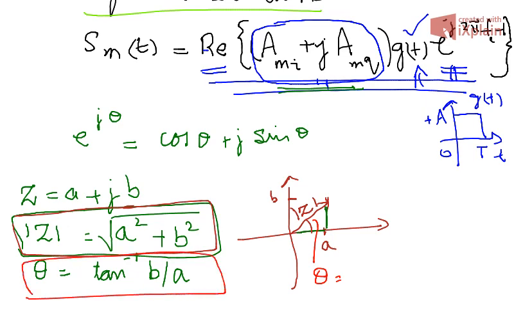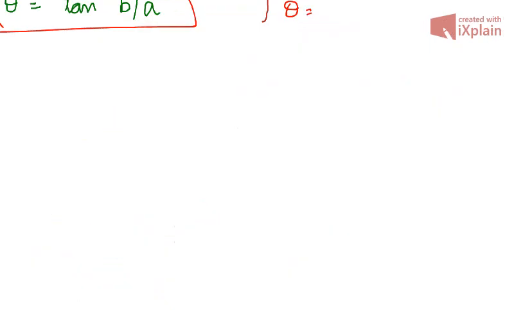Now when you know all these parts, this one and the complex exponential, we can find the real part of this signal and see how we can simplify this complex representation. So let me simplify it.